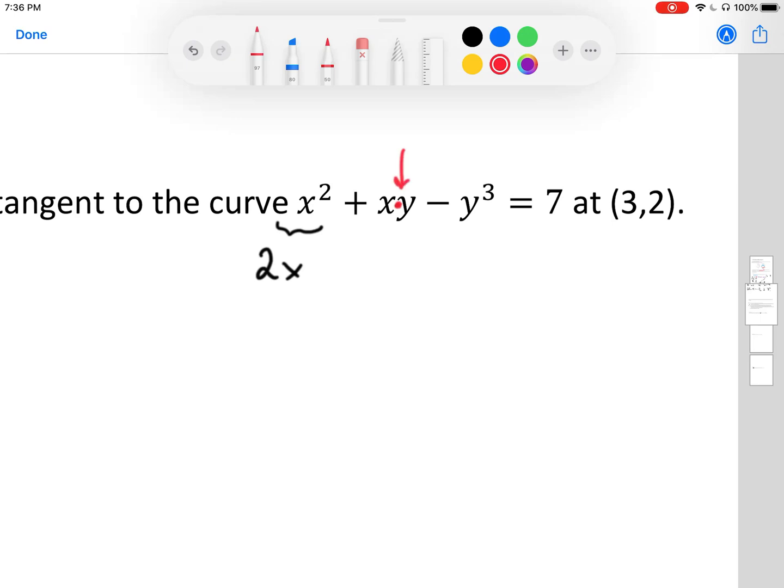So remember product rule. That's x prime times y, plus x times y prime. So the derivative of x is 1 times y, plus x times the derivative of y, which is 1 dy/dx.